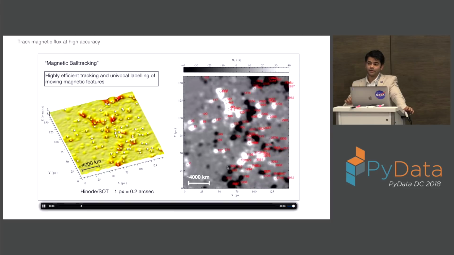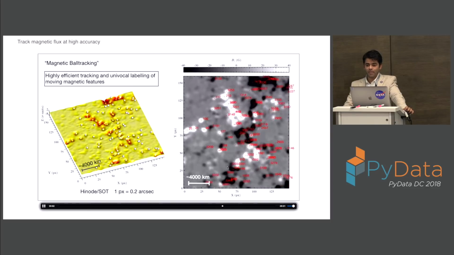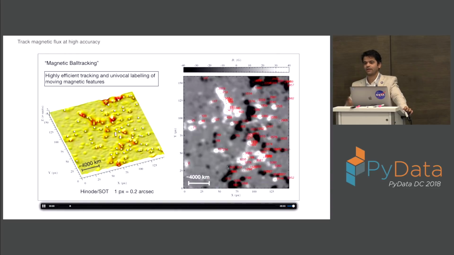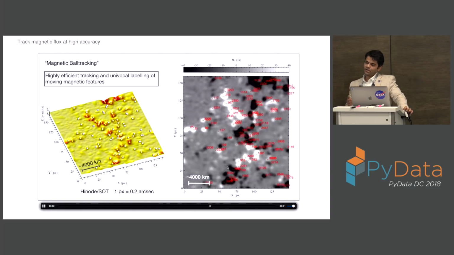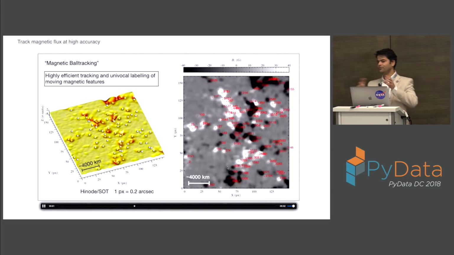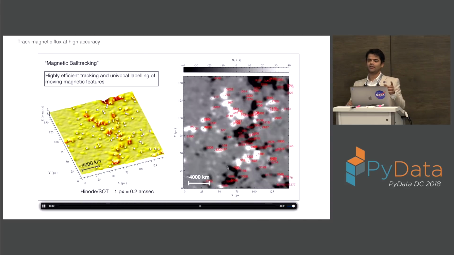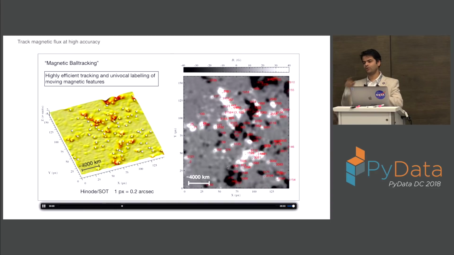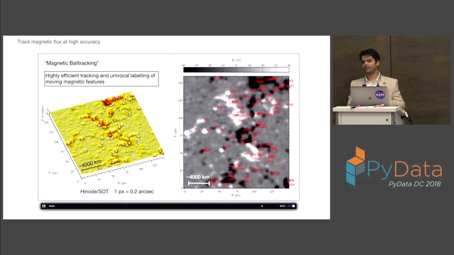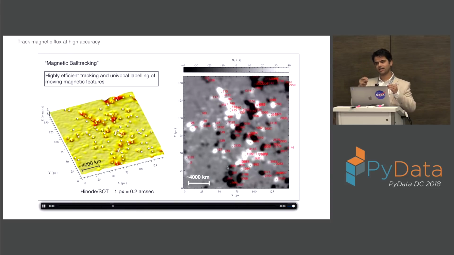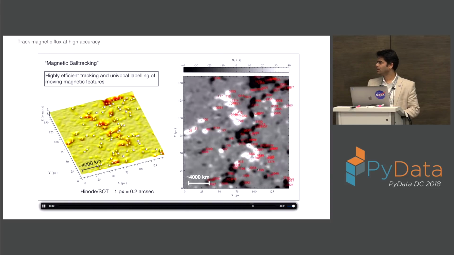That's a very difficult problem for many image processing problems trying to match and track features. This labeling problem is that when you have two features, you think you track them, you can get a velocity, but when you have many, it's difficult to keep track and to label them independently, and especially to have a unique identity, a unique label for each.